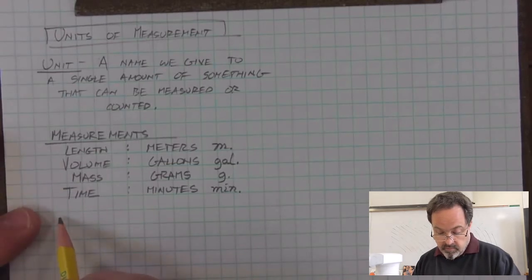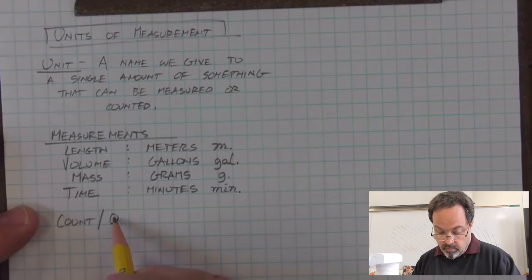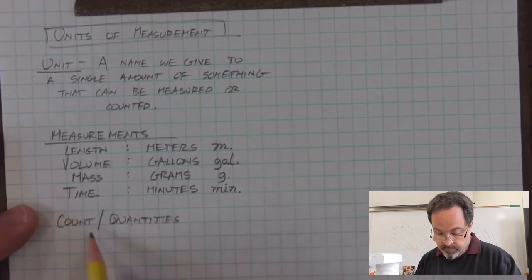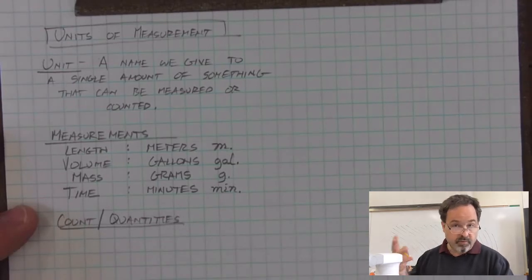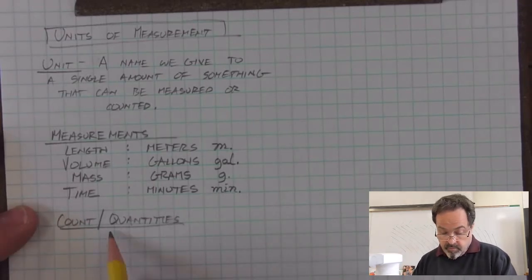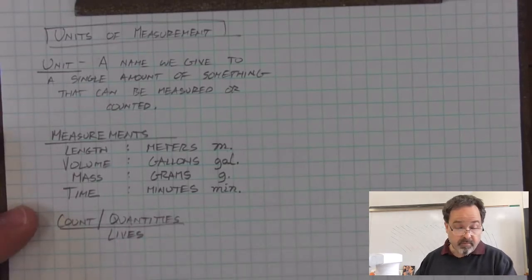We can also give units to things that we count or quantities. We could count 1, 2, 3, but if we're counting something in the real world, what is it that we counted that we had a count of 3? We could imagine counting lives, like in a video game.